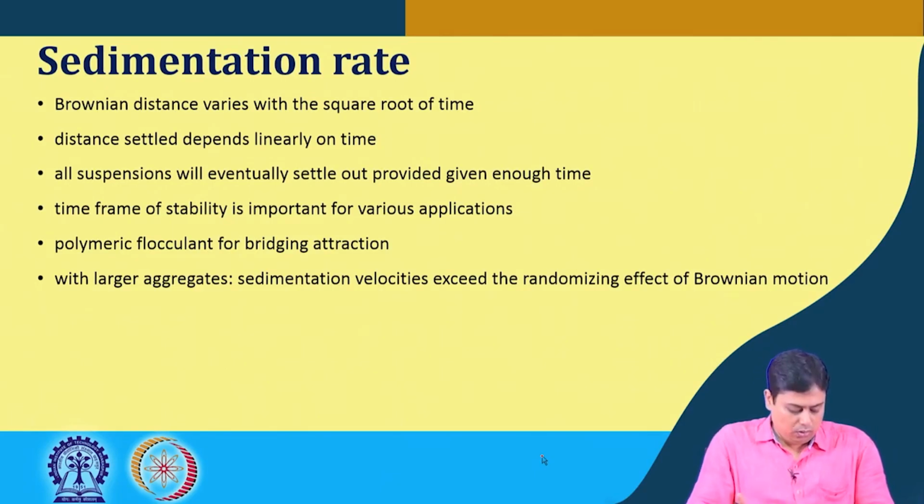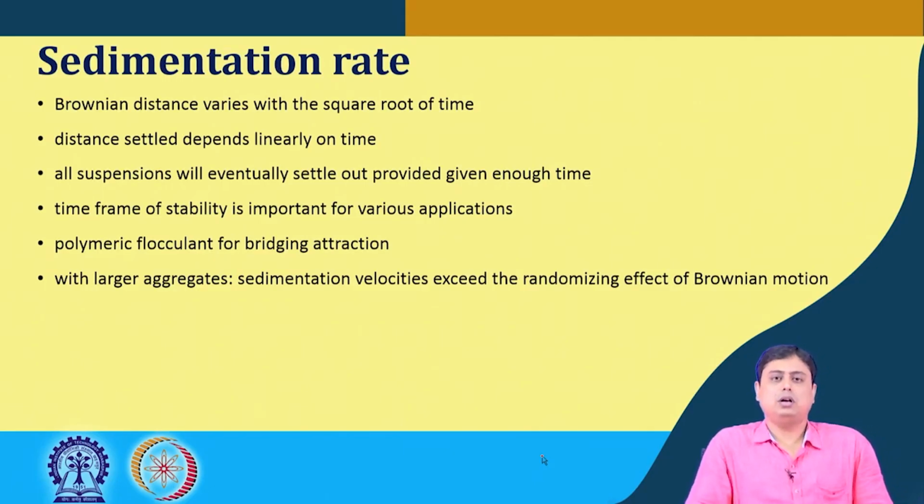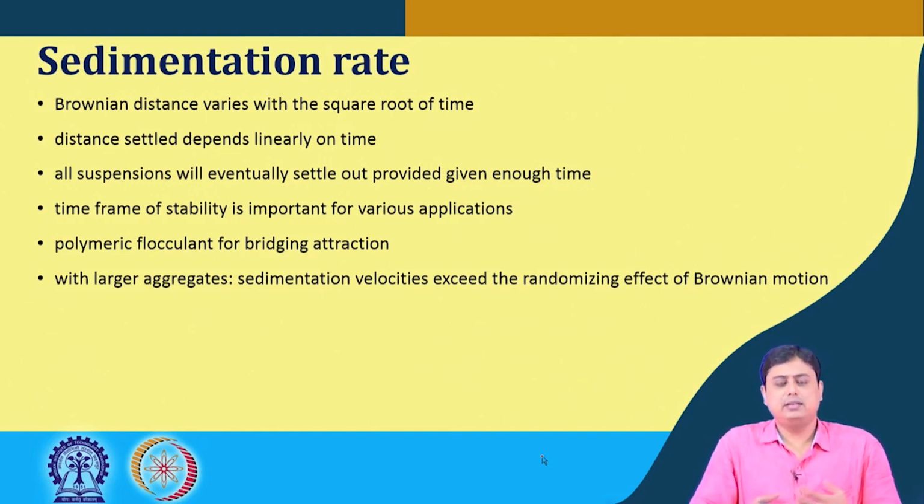And in order to make it faster, polymeric flocculants are provided for the bridging attractions that we have seen earlier. We add polymeric solution or polymeric material, it adsorbs on the surface and it can create aggregates. With larger aggregates, the sedimentation velocity exceeds this randomizing effect of the Brownian motion, and it helps in gravity settling.